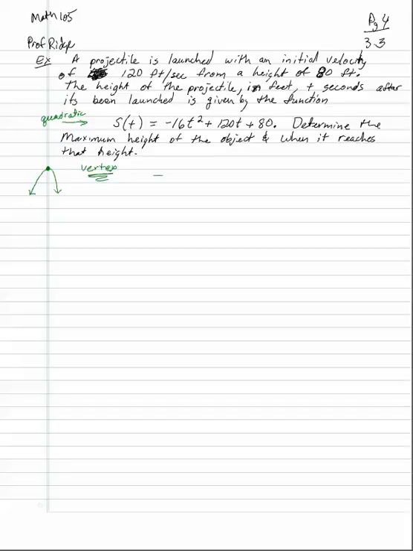Okay, so we know it's going to be minus b over 2a. It's going to be -120 over 2a. So 120 divided by 32, 3.75.